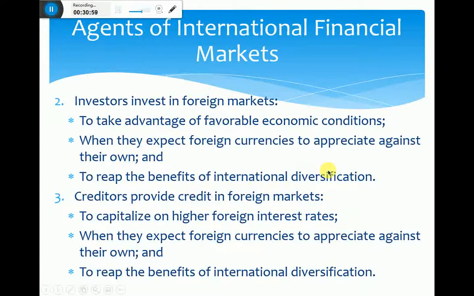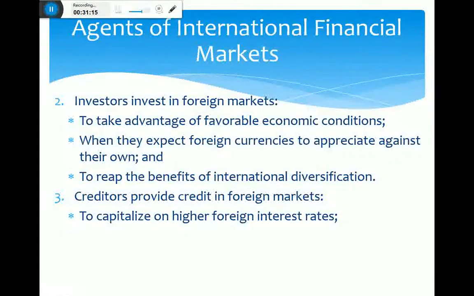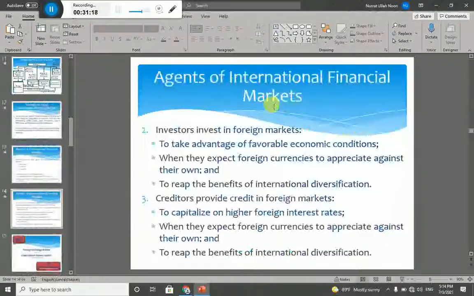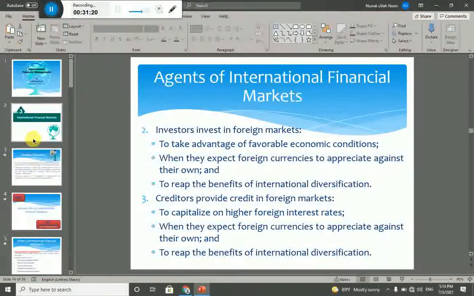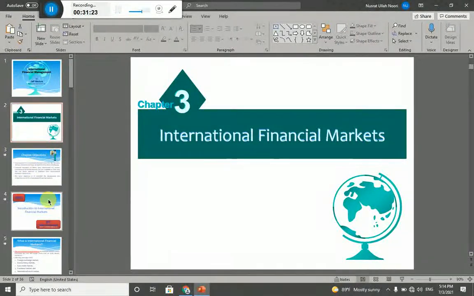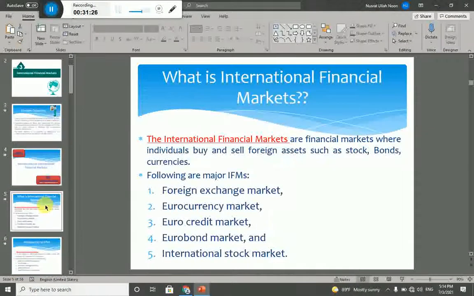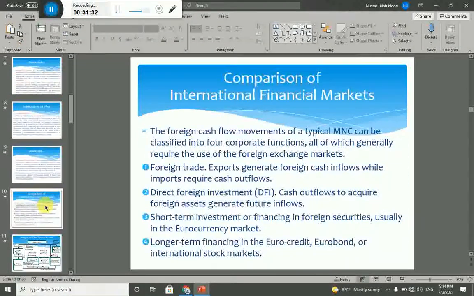So that was all our discussion for today's lecture. I hope it was somehow beneficial and understandable to you, and I hope that you have understood the international financial markets on an introductory level. So basically we had a discussion on these 5, and then we had comparisons between them on the 4 corporate functions of a multinational corporation.